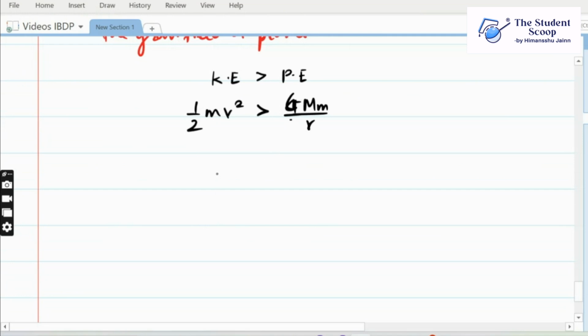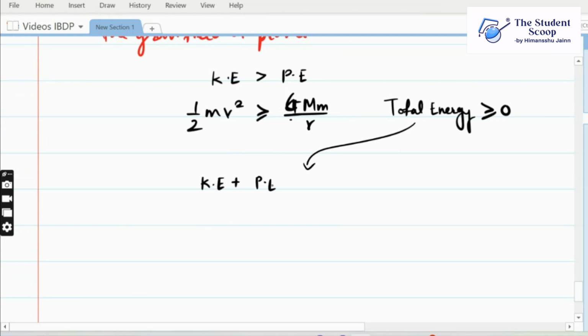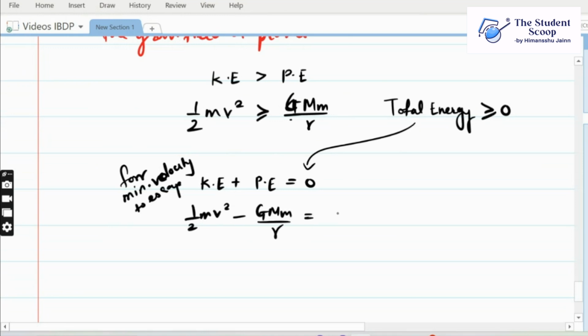What we are supposed to find is the minimum: the total energy has to be greater than or equal to 0. So kinetic energy plus potential energy must be 0 for the minimum velocity to escape. That gives half mv square minus GMm over r is equal to 0.